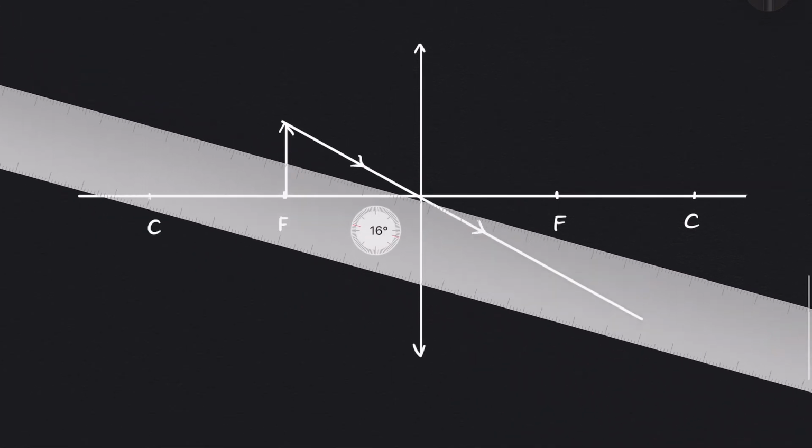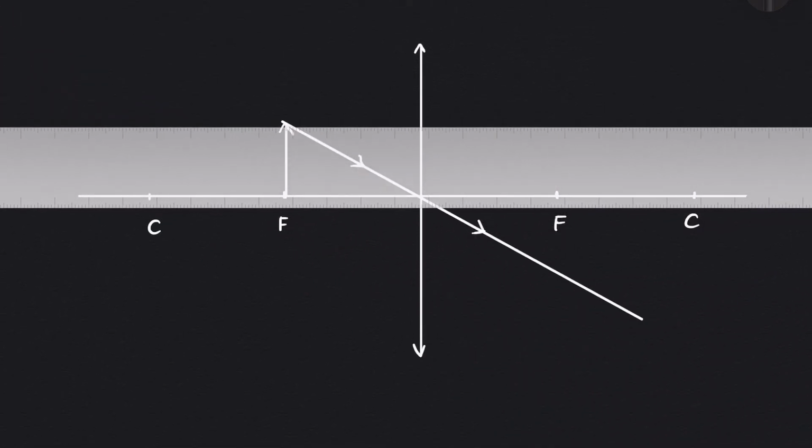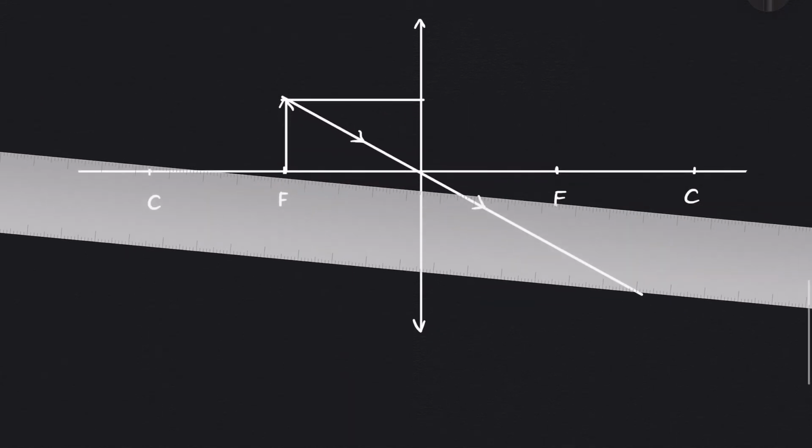The second ray is to draw a parallel line and then pass it through the focus.